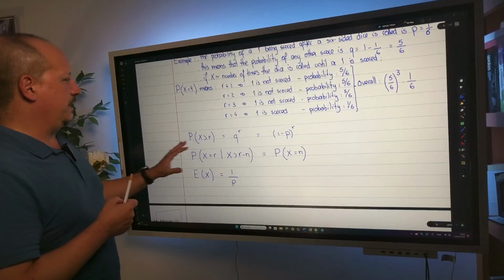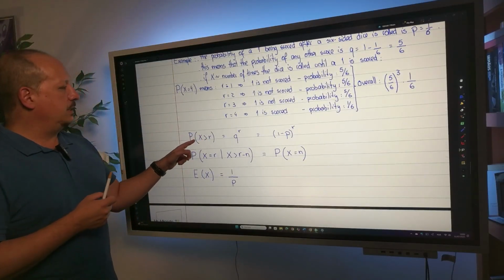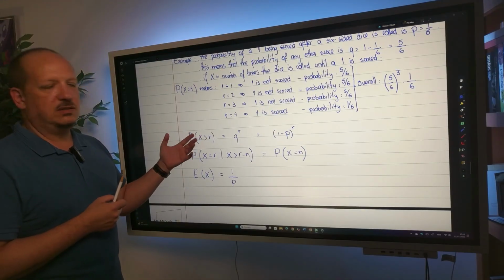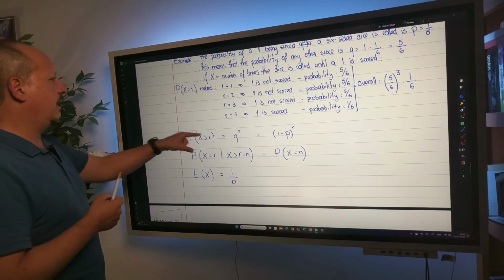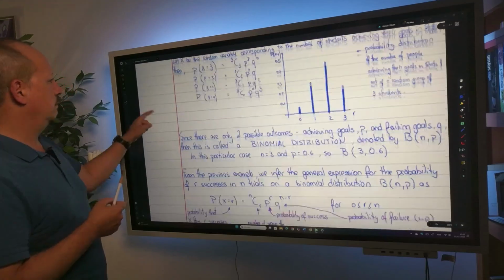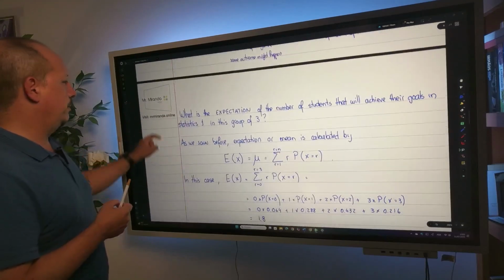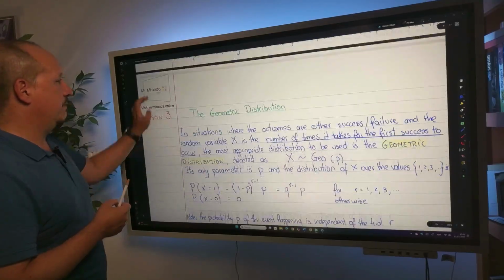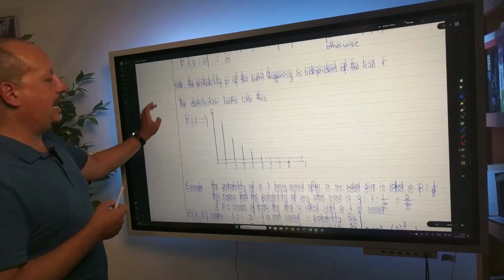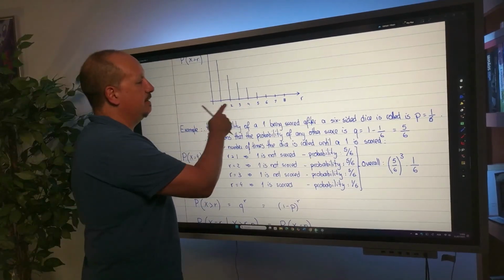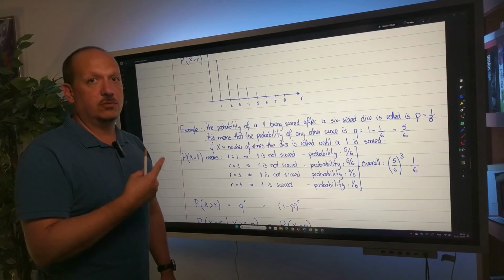Now, this is the probability that the event will happen after a certain number of trials. Let's say that R is 5. What is the probability that X happens after the 5th event? For X to happen after the 5th event, it means that it didn't happen until the 5th event, right?